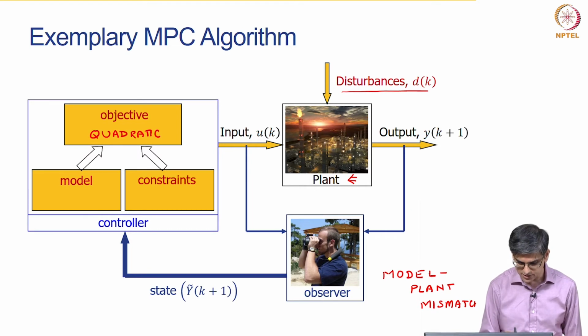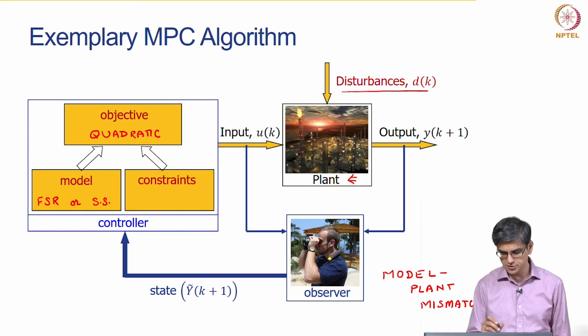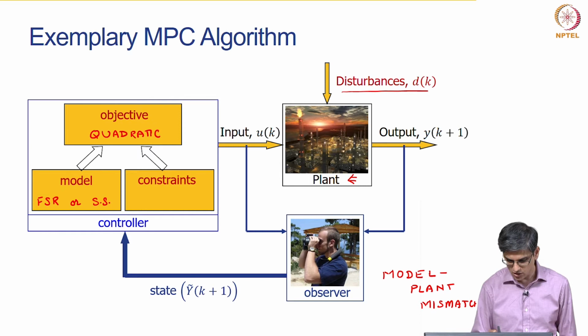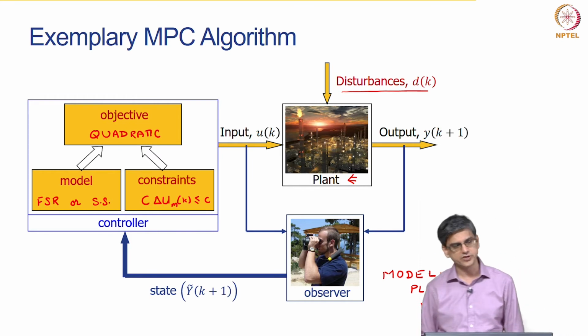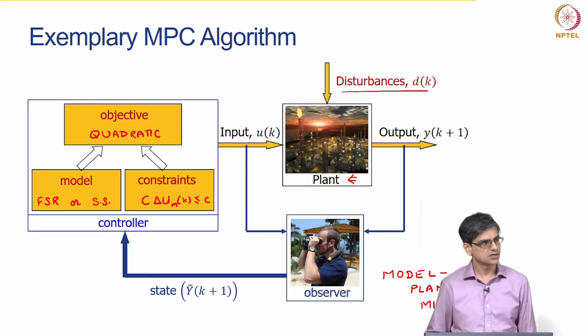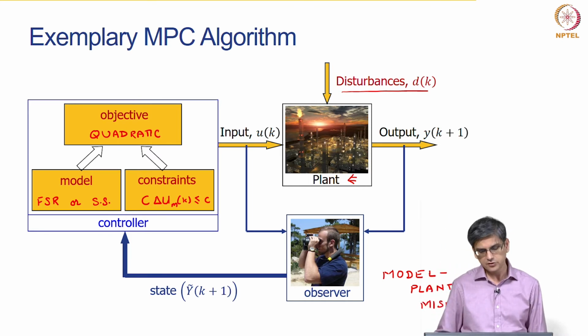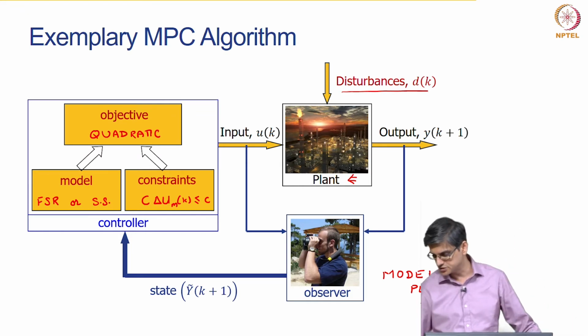Your model is a finite step response model or state space model, and you have your constraints of the nature capital C delta k less than equal to small c. Okay. That is the type of constraints that you are going to have. Okay. And you want to solve the problem subject to all these conditions.